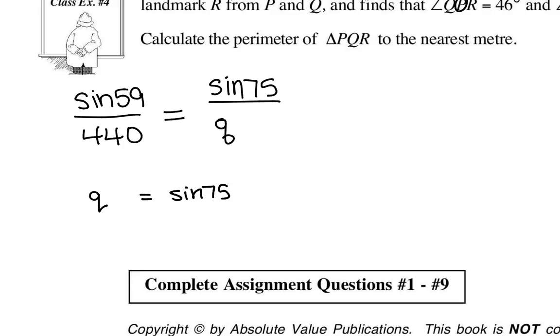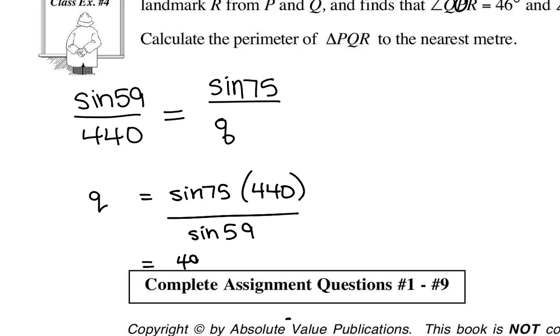So that's the cross multiply. Okay, so I got 495.8277.